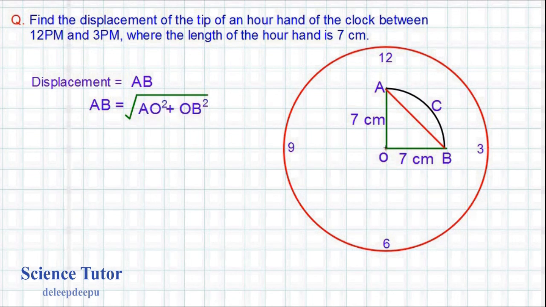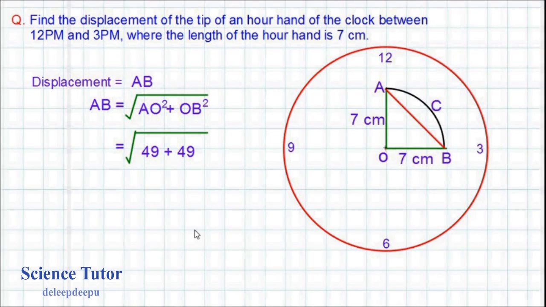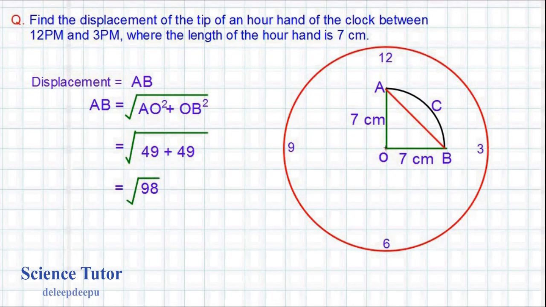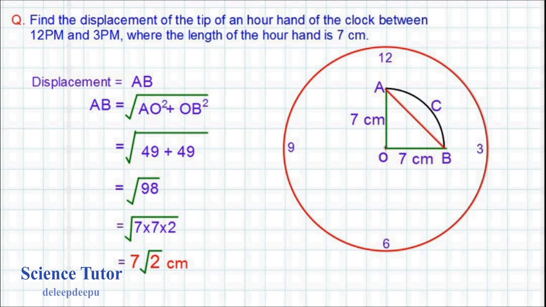So here OA is equal to 7, OB is equal to 7. So 7 square plus 7 square, that's 49 plus 49, that's equal to 98, root of 98. If you factorize that, you will get the answer as 7 root 2. So 7 root 2 is the displacement between A and B, from the final position to the initial position.